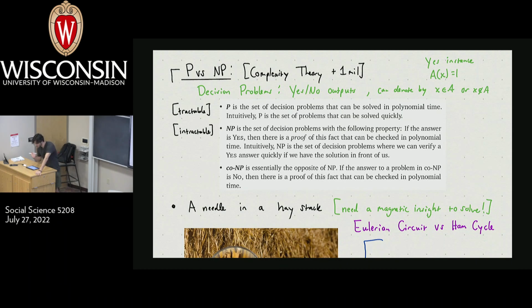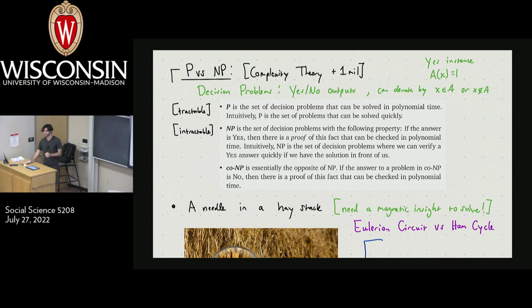If we restrict ourselves to decision problems, these are typically easier than a full optimization problem, because in those you have to physically find some complex quantity like a shortest path. Whereas here we just want to say yes or no, is there a shortest path of a certain length? So these generally are easier than the optimization versions. But if we can show these are hard, that would imply the full versions are hard, because it's easier to say yes or no than to actually give me some physical object.